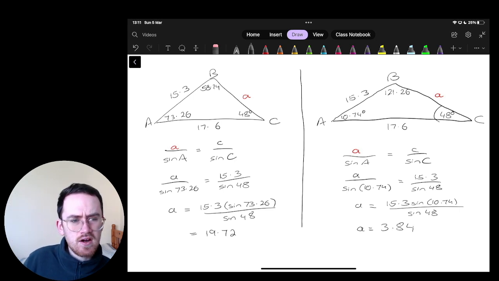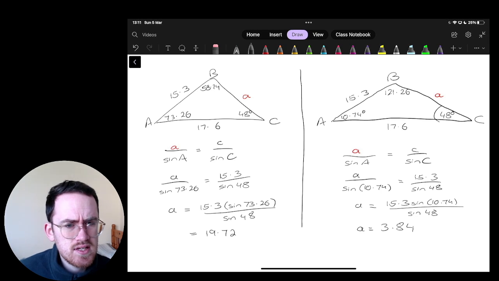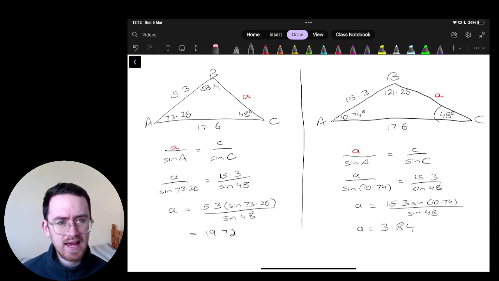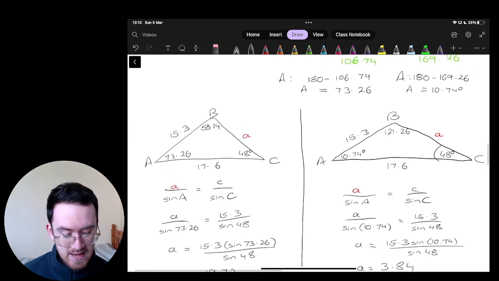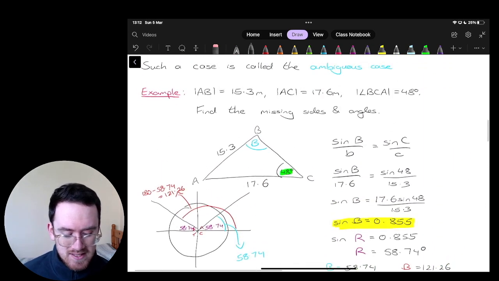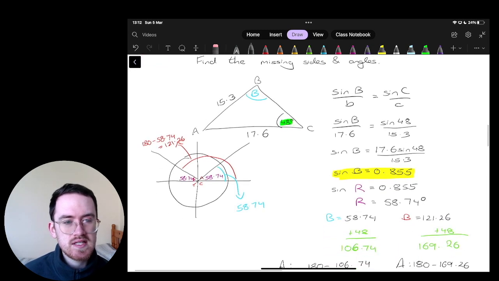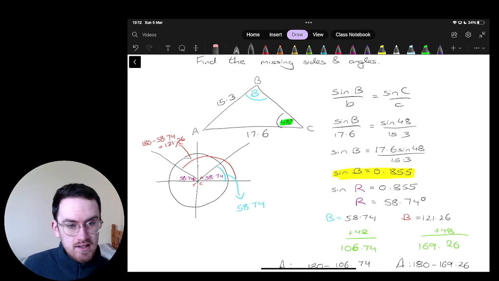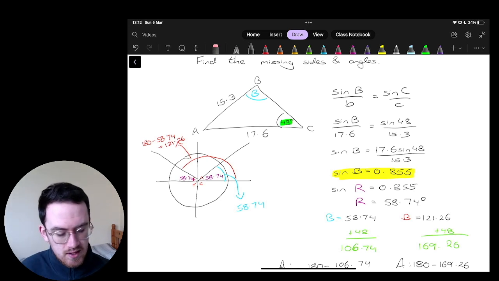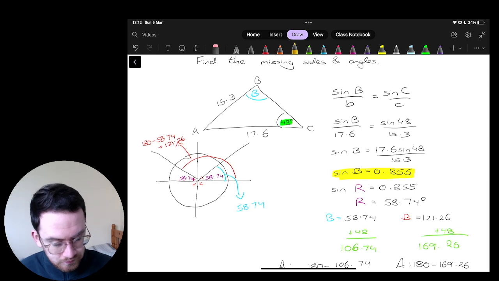So we can see quite different answers in terms of that side A. Depending on how big that angle A is has an impact on the side. But that's an example of the ambiguous case. We can see where it branched off was this point here, and it will usually only come up where you're looking for angles, because we end up with this trig equation here.